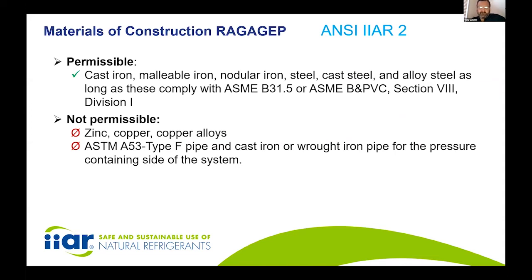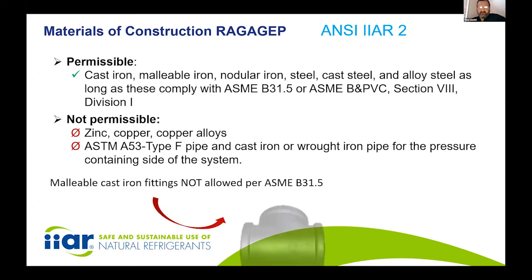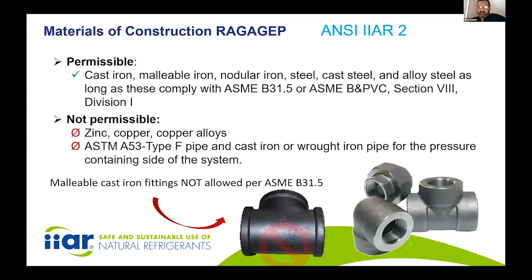What's not permissible is zinc, copper, and copper alloys, and also ASTM A53 type F pipe, cast iron or wrought iron are not usable for the pressure containing portion of the not closed circuit of the refrigeration system. And even malleable cast iron fittings are not allowed per ASME B31.5 for your information as well.